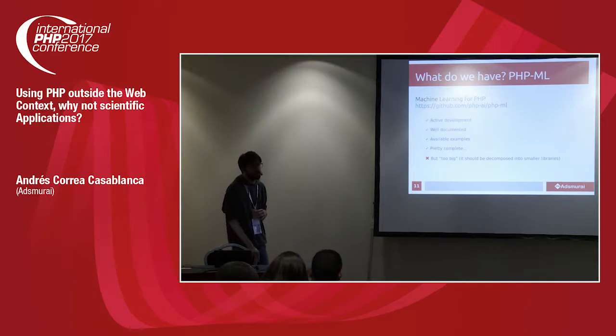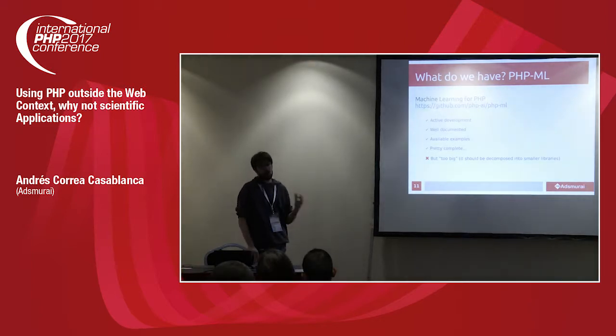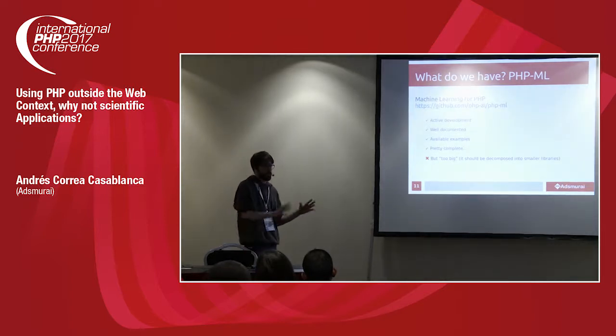I think it should be split into smaller libraries in order to be cleaner, but also to help other people implement other components using those subcomponents of PHP-ML. Later we'll see some examples of PHP-ML.